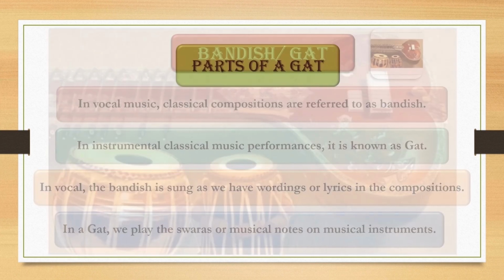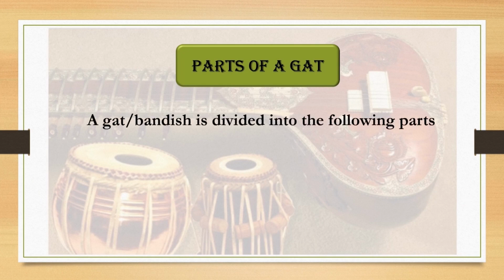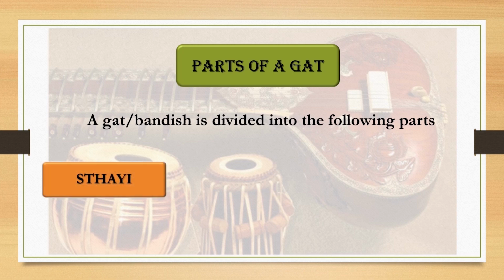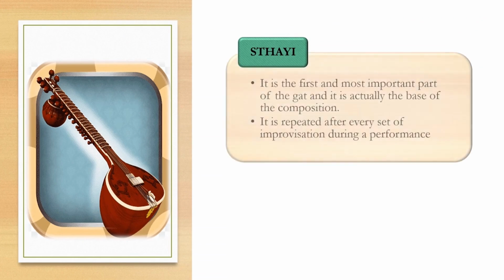Now, let us have a look at the different parts of a gut. A gut is divided into three parts, namely the sthai, the manja, and the antara. Sthai is the first and most important part of the gut.